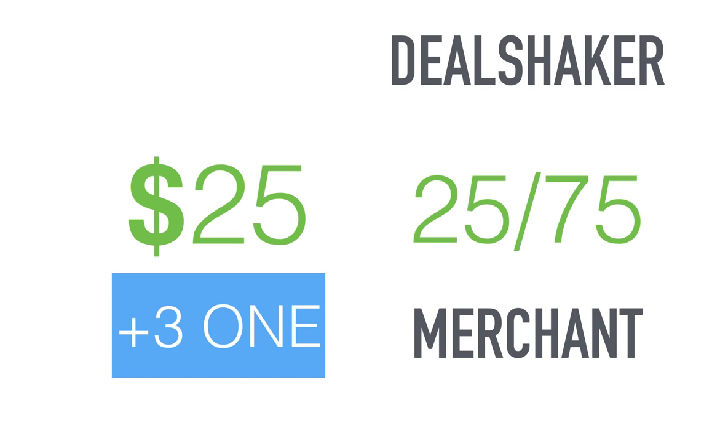Now, the deal with DealShaker and the merchant, or OneCoin and the merchant, is 25% goes to DealShaker and 75% goes to the merchant. In other words, from these revenues, the green one, $25, there's 25% going to DealShaker and 75% of this goes to the merchant.